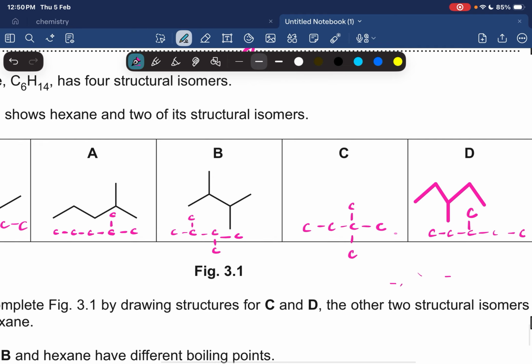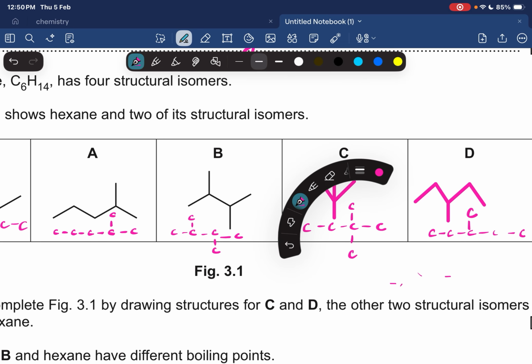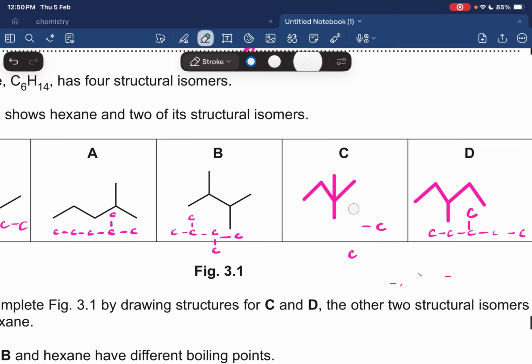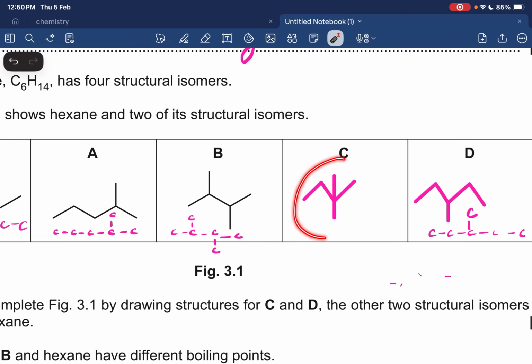Over here, 1, 2, 3, 4. On the second carbon, I gotta draw. Done. Okay, so that is what I knew. I suppose it's like to be that, but I don't know. So this and this. Done?